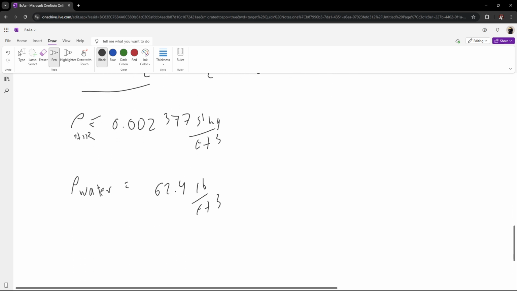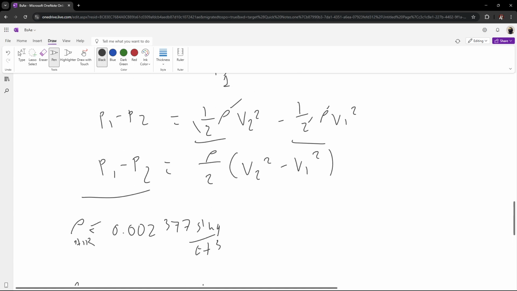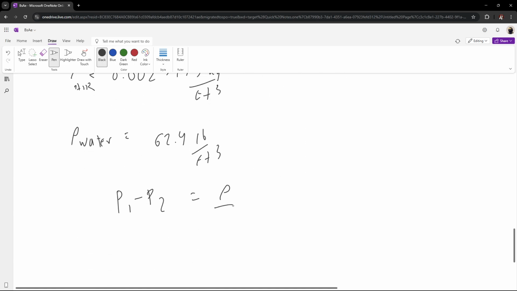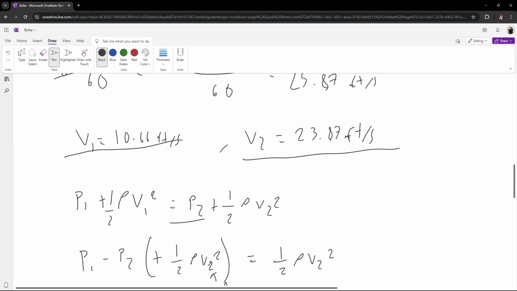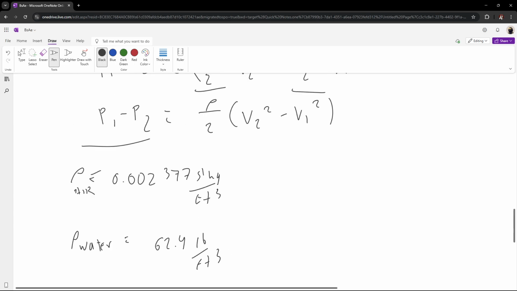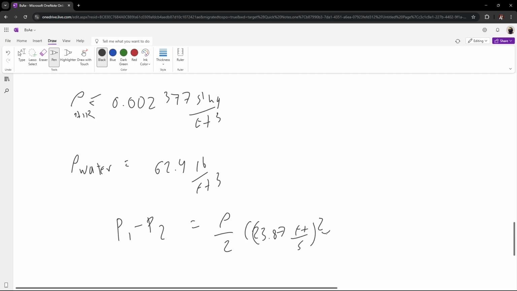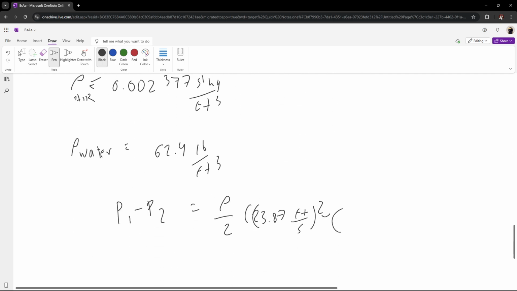So given that P1 minus P2 is equal to rho over 2 times V2 squared, 23.87 foot per second squared, minus 10.66 foot per second squared.